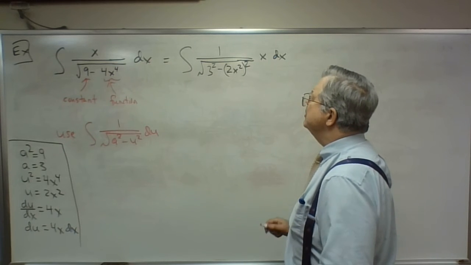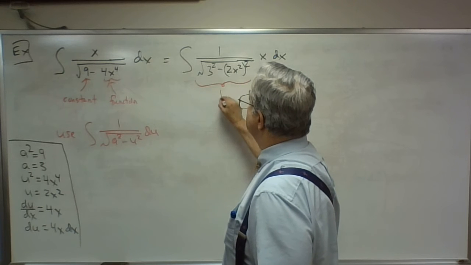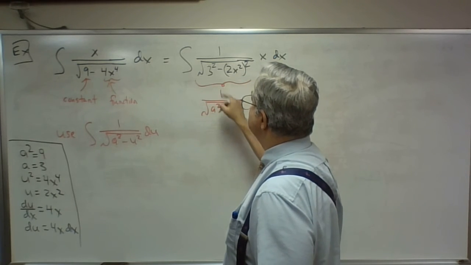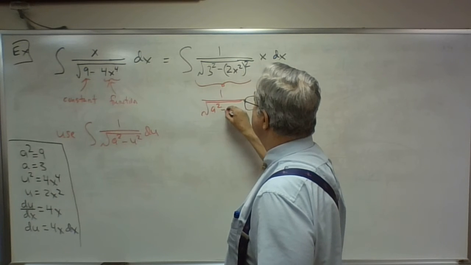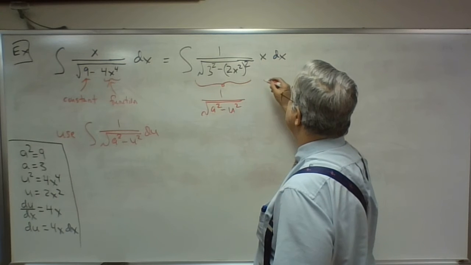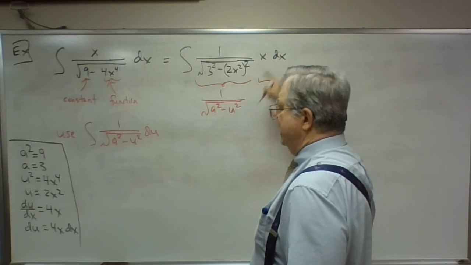So far, so good. It appears that I'm looking at 1 over square root of a squared minus u squared, and then x dx.